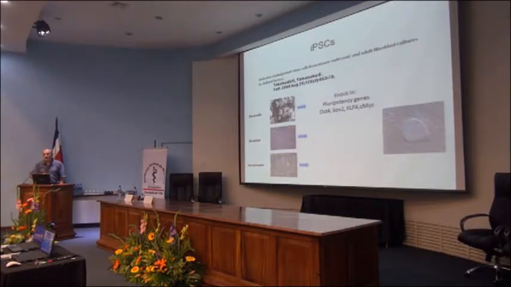So they could de-differentiate an adult cell back into an embryonic cell, not a real embryonic cell that came from an embryo. It could come from a red blood cell progenitor, a skin cell, or a fibroblast, and they could give it back these pluripotential properties. That was then called an induced pluripotent stem cell.